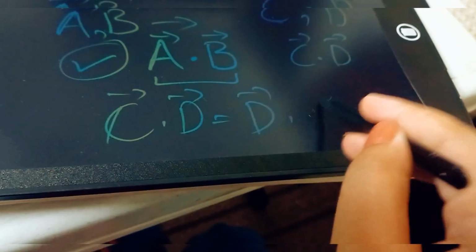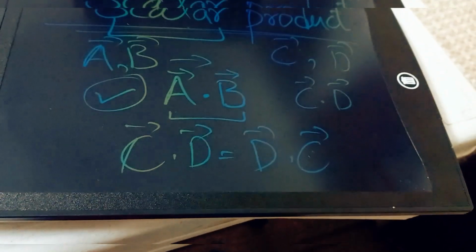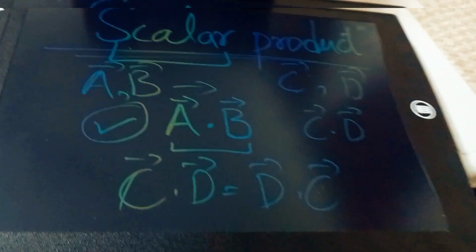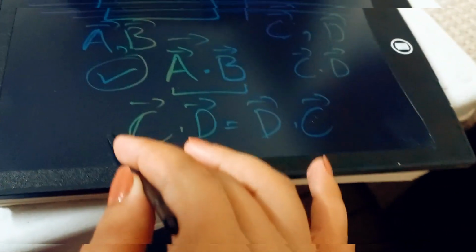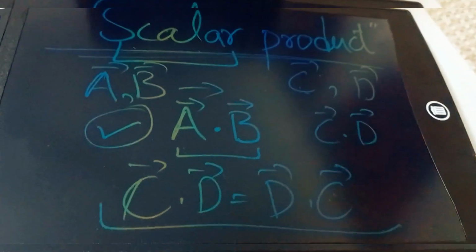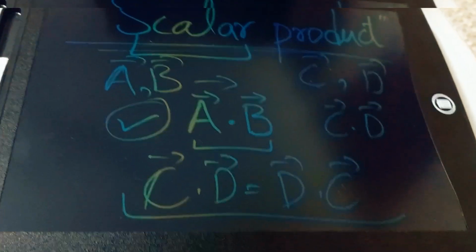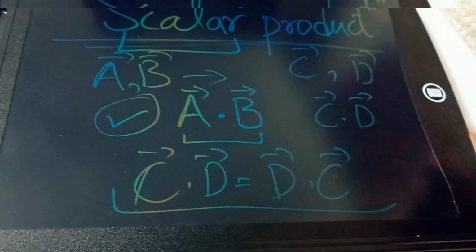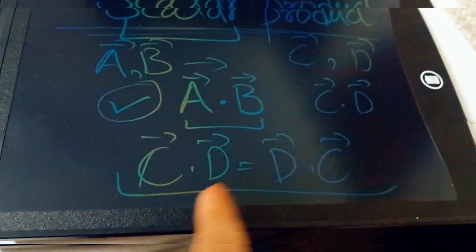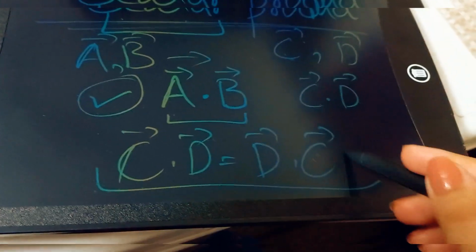Both of them will give you the same result. But in vector product, order matters. In the case of scalar, you don't have to worry about it. So yeah, these are the initial details about the scalar product, how to denote them, and their commutative property, as we can see.